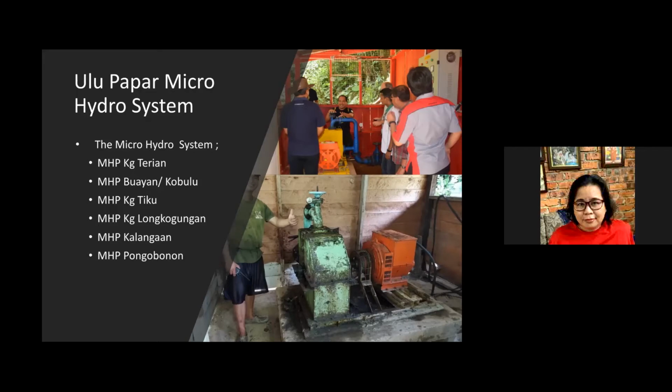The MHP stands for Micro Hydro Project. In this picture, we see Adrian giving some explanation of the system in Kampung Tiku, and below is the system in Kampung Kalanggaan, which is still working up until now. Next.